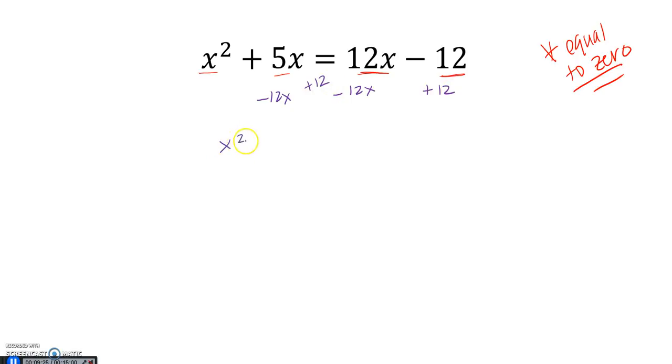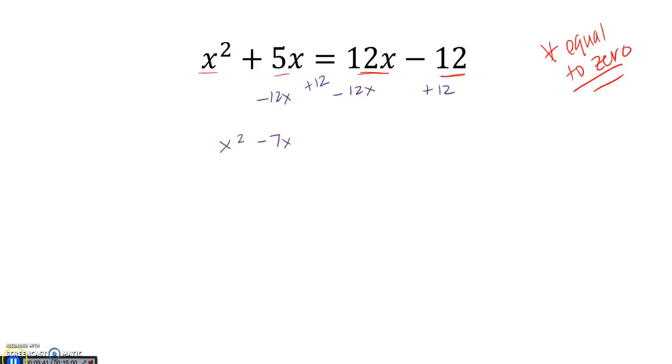So I end up with x squared, 5 minus 12, is negative 7. And then I have this 12 that I moved over as well, equals 0. Now, when you're looking at a three-term problem, you want to look at your leading coefficient.